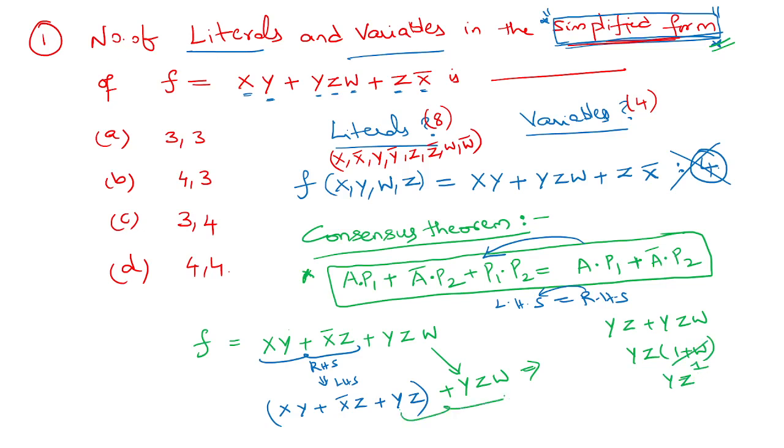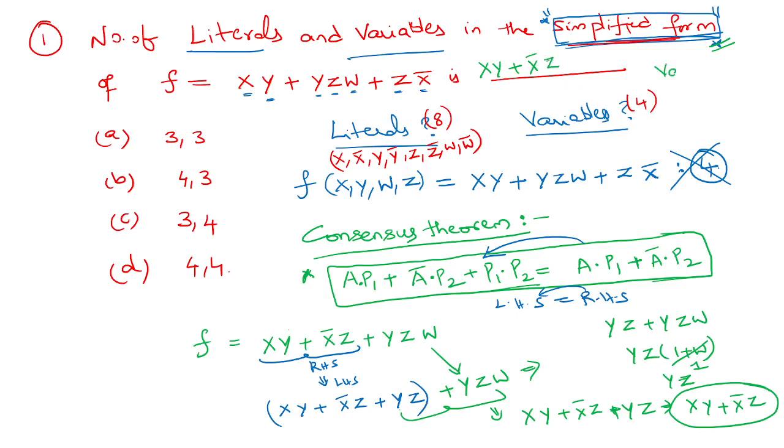If I combine these two, what will happen? XY plus X bar Z plus YZ. Now this is exactly in the consensus theorem form, right? So I can write this as XY plus X bar Z. So how many variables are there? Let me write. X you have, y you have, z you have.